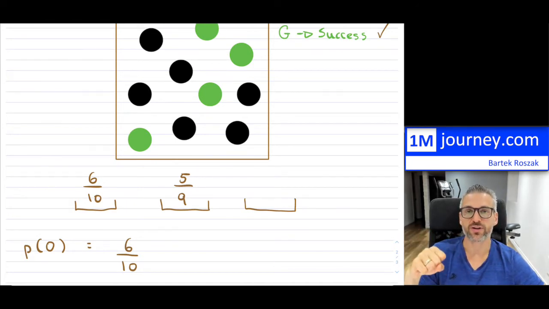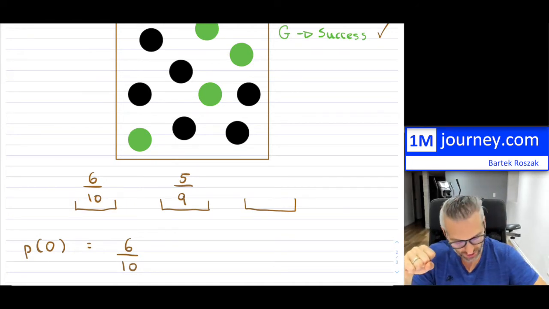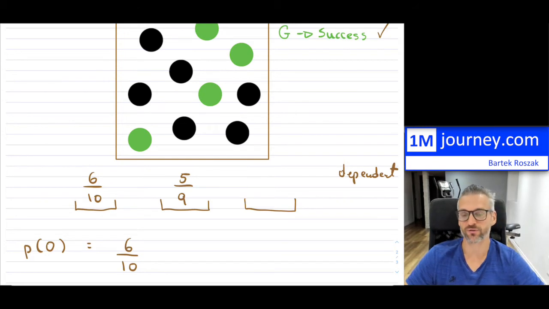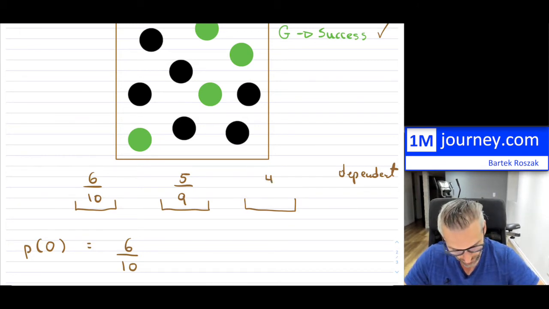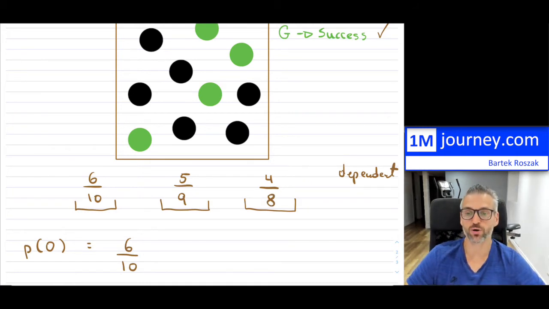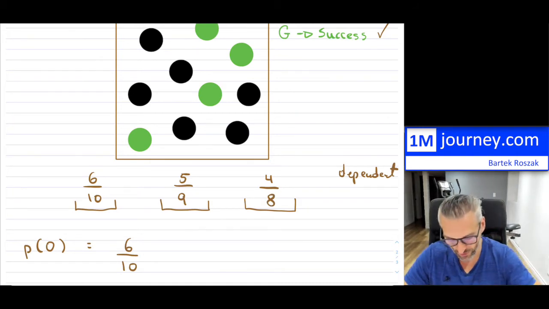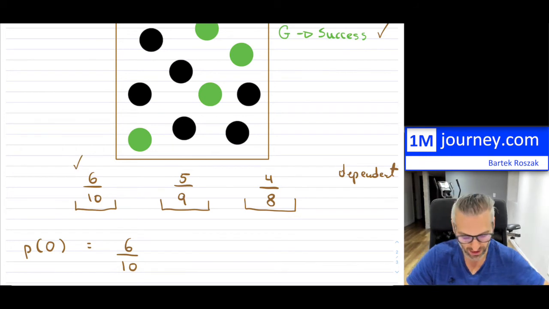So the trials are now dependent on each other, because it depends on what you have picked out in the first trial. And then this would continue. If I wanted to see another black ball on the third attempt, there would be only 4 black balls and 8 balls in total. So notice it went from 60% probability to 4 out of 8, which is 50% probability of picking a black ball.